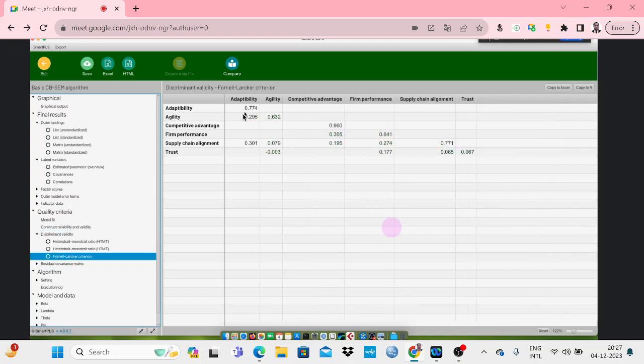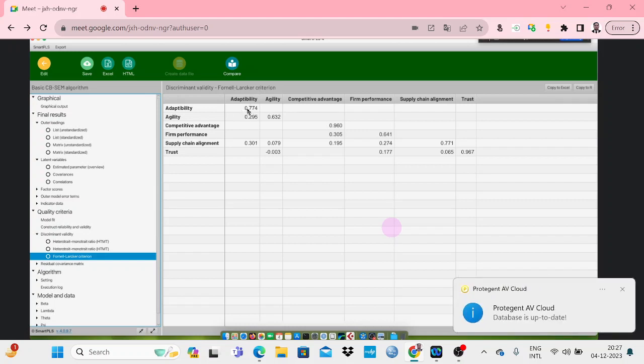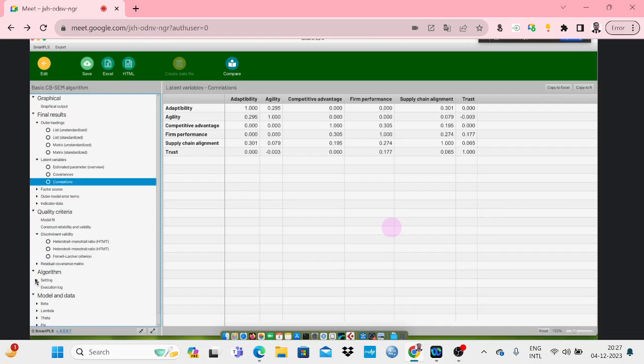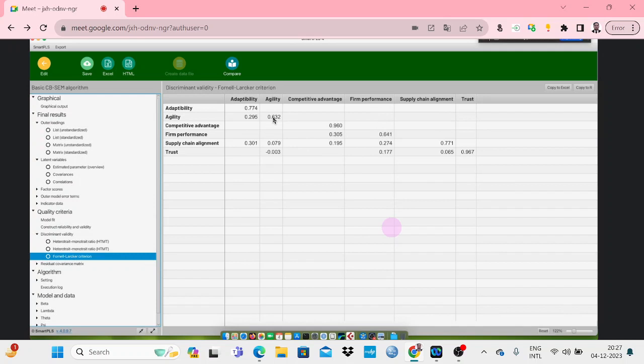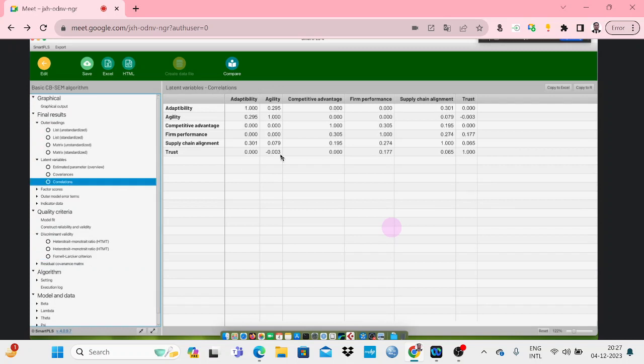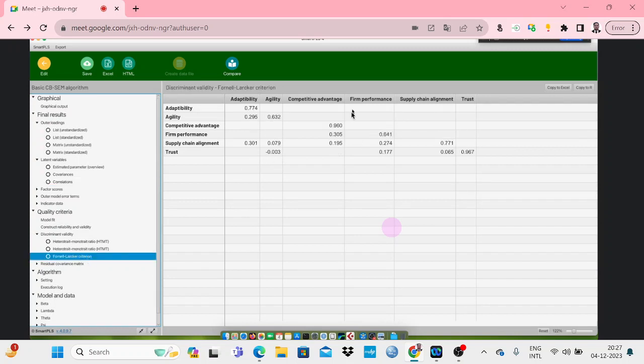So this value at the top is the square root of the average variance extracted for adaptability. These values are nothing but the correlations, the same as in this table. For agility, the square root of average variance extracted is 0.623, and again the correlations are the same as in this table. For competitive advantage, it is 0.9. Similarly, for everything, it has reported the diagonal as the square root of average variance extracted.